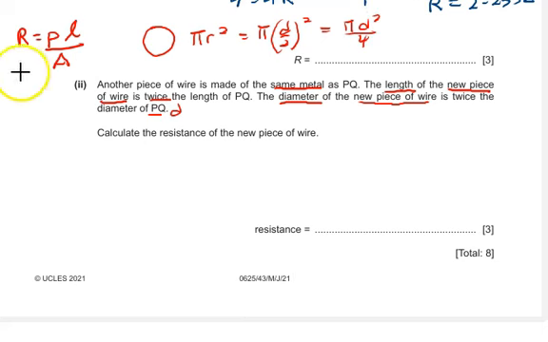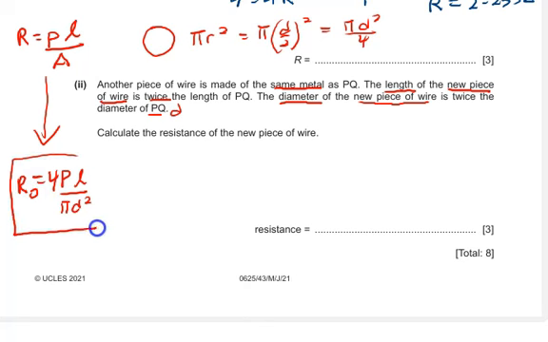So this is the area. Let us get the original: this is P, L, and here will be pi D square over 4. The over 4 will be inverted, and this is the original PQ.